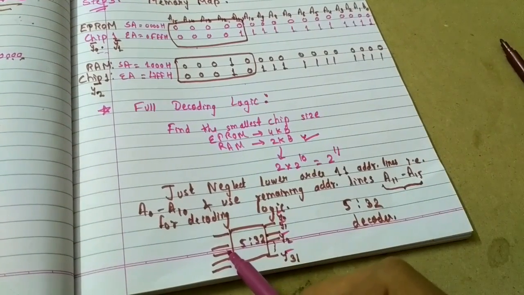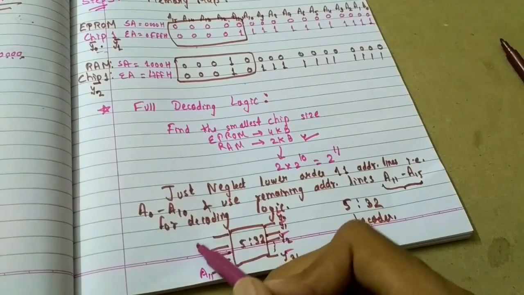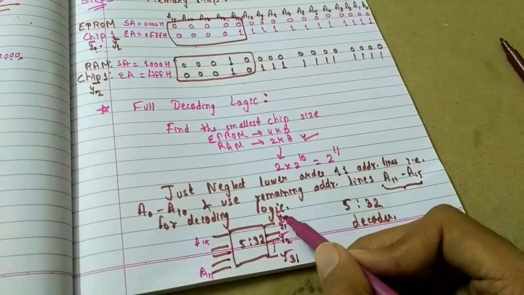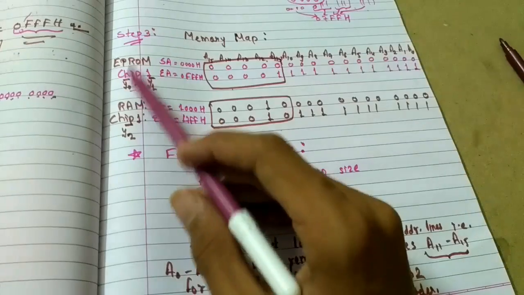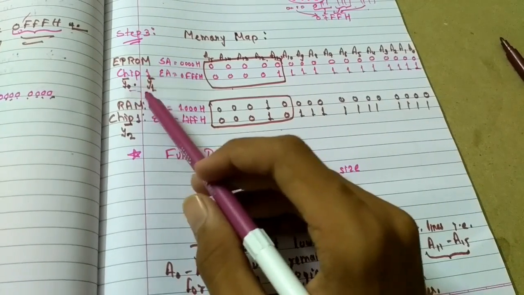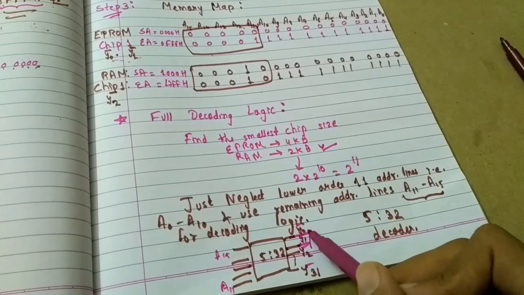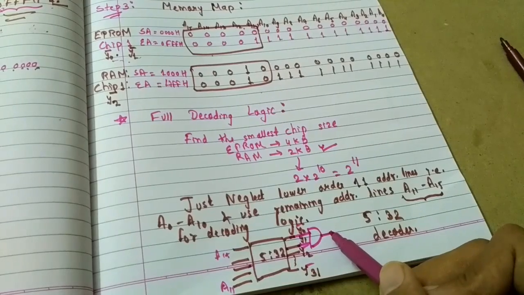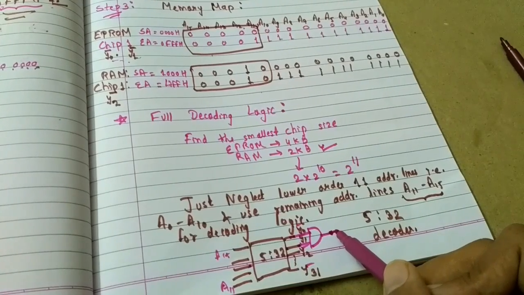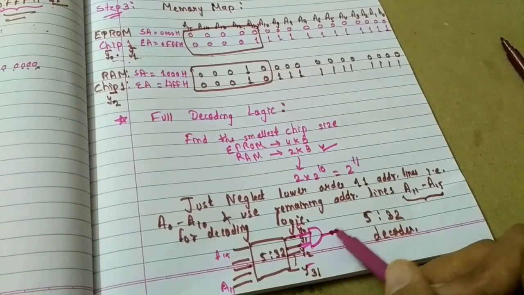So these are the inputs, A11 to A15. This is y0, y1. Now in EEPROM we are getting y0 bar and y1 bar. Both are ANDed, and this will go to the chip select of EEPROM, that is the enable pin of EEPROM.